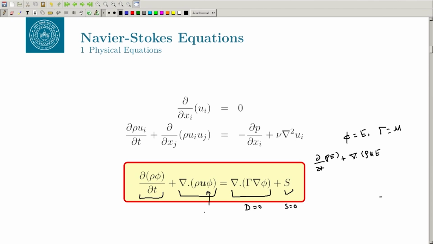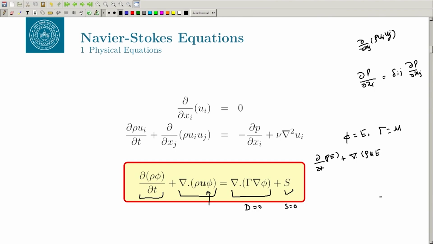Here, as we have discussed, you will have del p by del xi, which can be written as delta ij del p by del xj, and on the left side you have del by del xj rho u_i u_j, right.